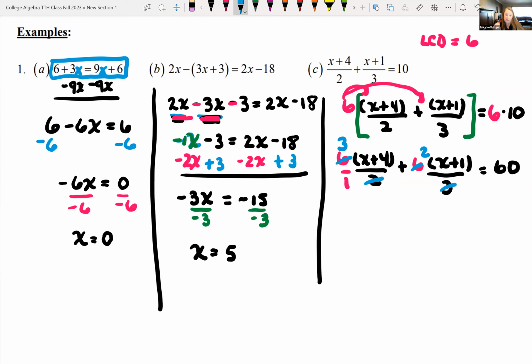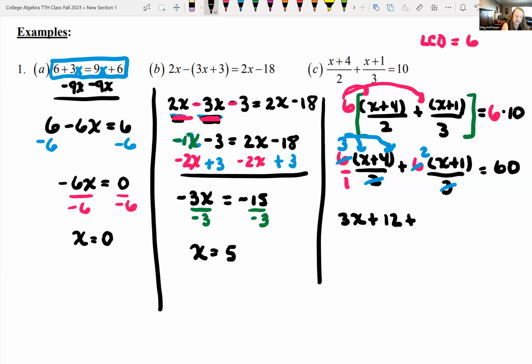So notice now we have a number in front of parentheses. And so we need to take that number in front of the parentheses and distribute it to each term inside that parentheses. So we need to multiply it to each term inside that parentheses. So we have 3 times x and 3 times 4. So distributing the 3 to the parentheses x plus 4, we get 3x plus 3 times 4, which is 12.